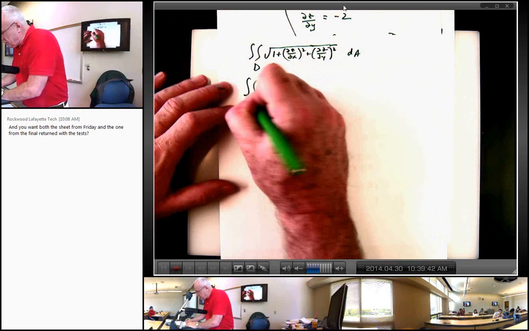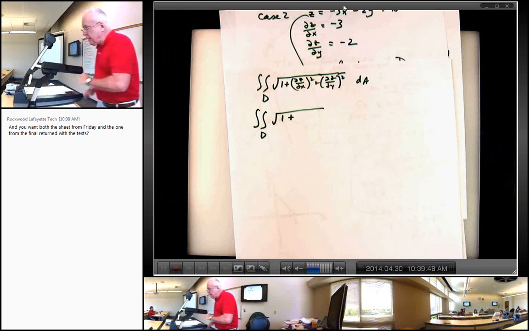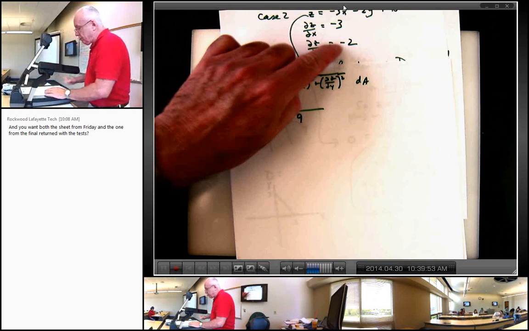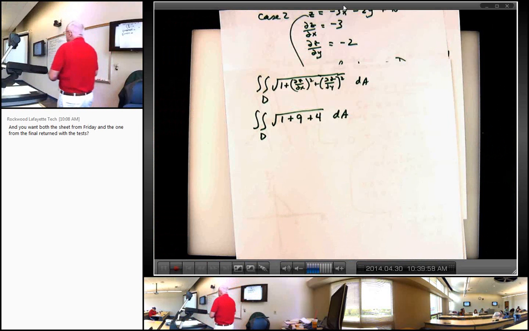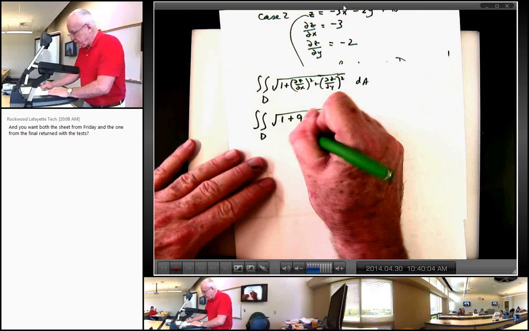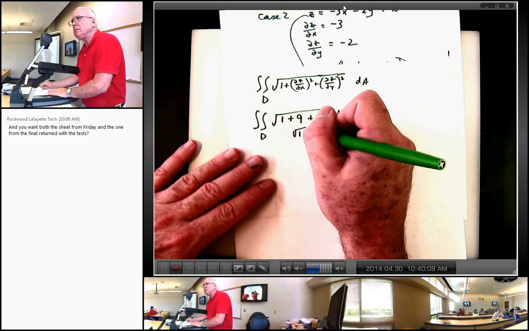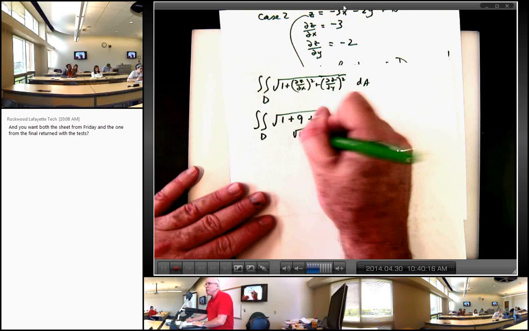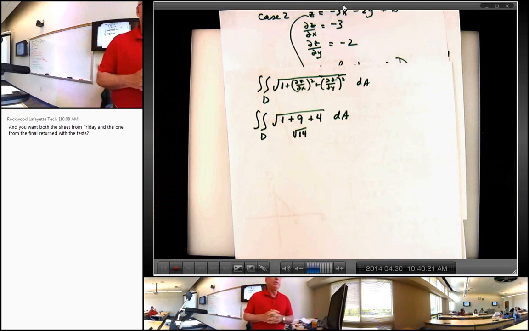So this is the integral over D of the square root of 1 plus, well, dz dx was negative 3, so I square it, that gives me 9. dz dy was negative 2, I square it, and I get 4, dA. So under the square root, we just have the square root of 14. It's 14. My arithmetic can be shaky at times, but I think I got this one nailed.